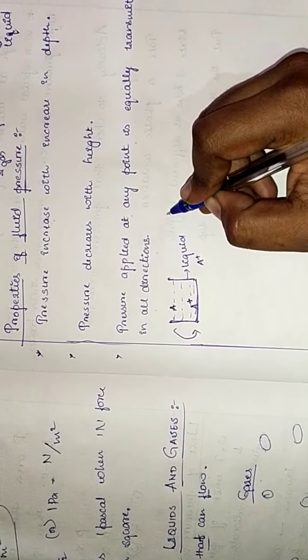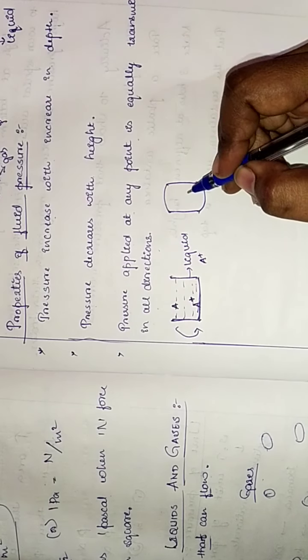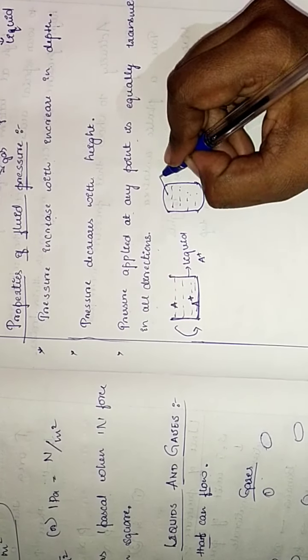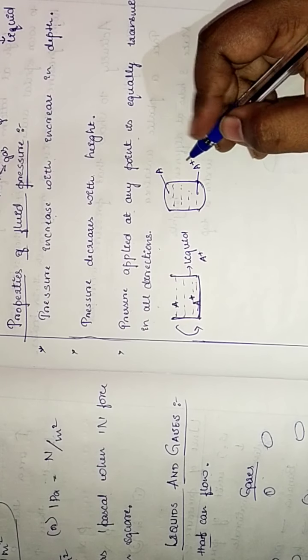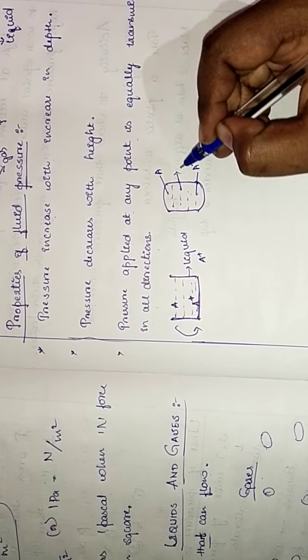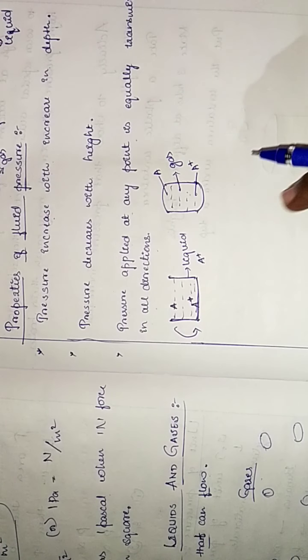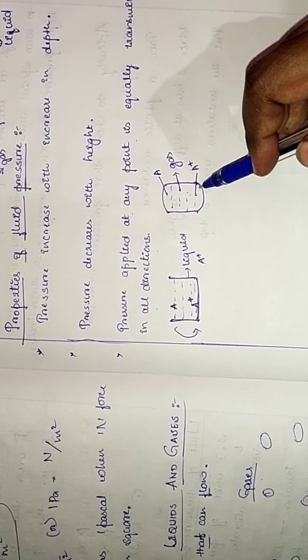Now we'll take one container which is tightly packed. Here we'll take it as A, and here as A plus. A container containing gas. Same as here, it also increases with increase in depth.